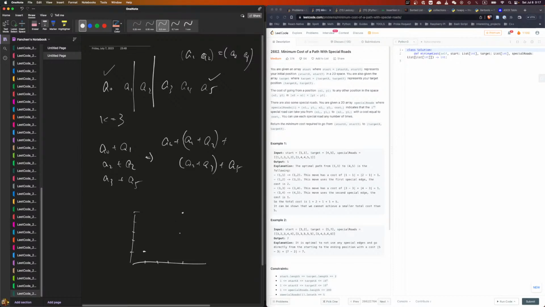And this is from 1, 2, 3, 4. 1, 2, 3, 4, 5. So we say from 1, 2, so 1, 2 to 3, 3 here. 3, 3 is about here. So we have a path that will cost you 2.